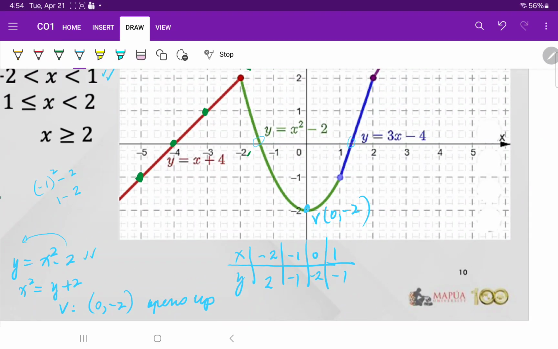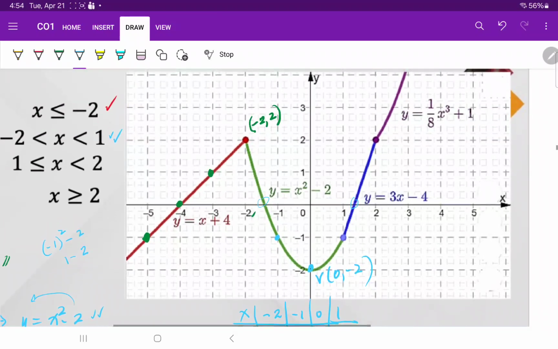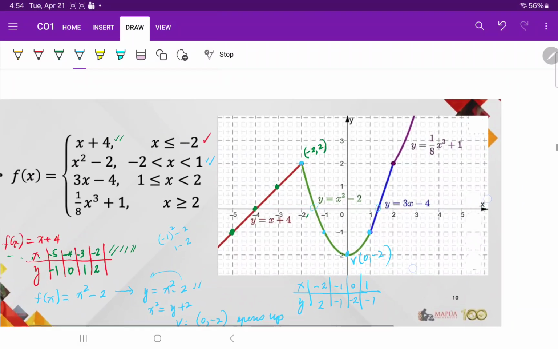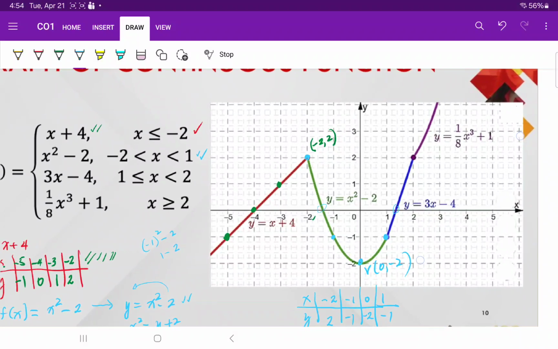So, we're going to look at the graph here. When x is 0, negative 2, that's the vertex. Then when x is negative 1, your y is negative 1. When x is negative 2, your y is positive 2. Then, when x is 1, y is negative 1. Alright? And so on. So, do the same thing for 3x minus 4.